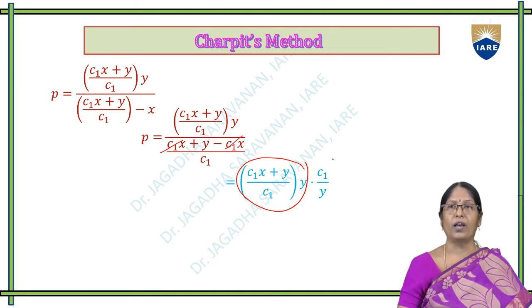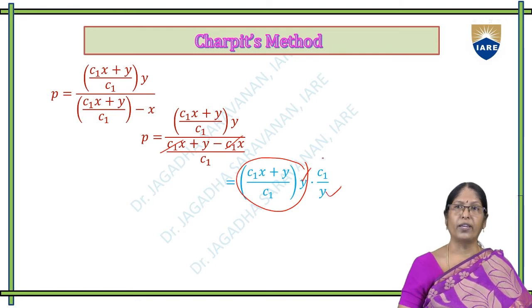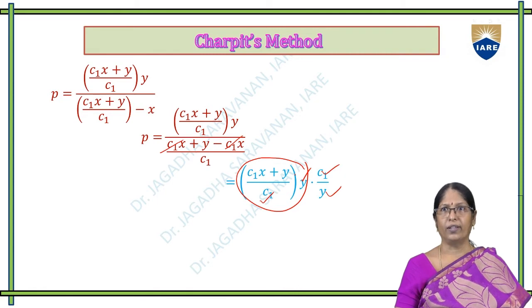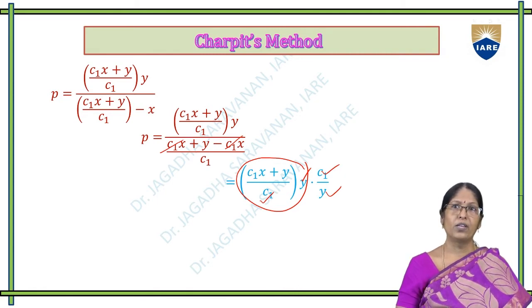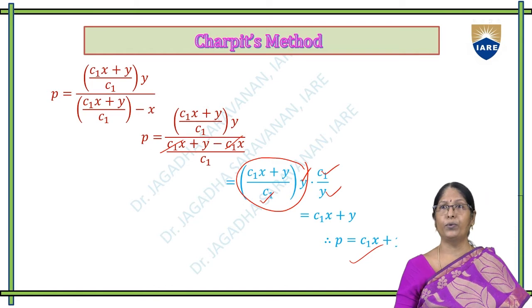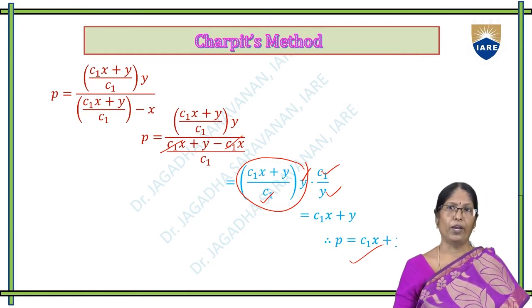We bring up the reciprocal, writing c1 by y. This y gets cancelled, c1 gets cancelled. So the leftover is c1x plus y. So we obtained the value p equal to c1x plus y.